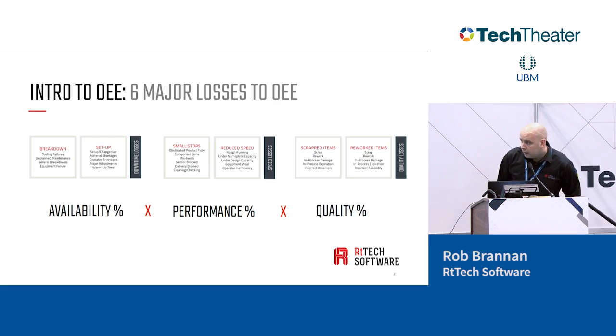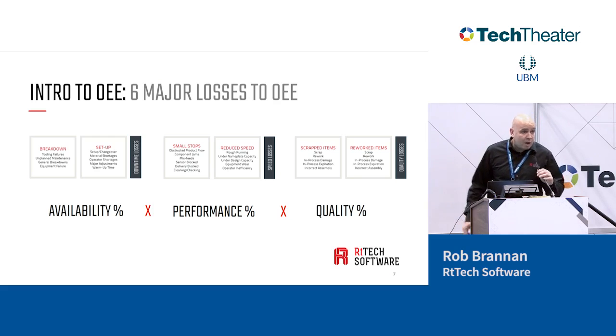Also, an area that is quite an interesting one is the setup side of things. So things like changeover times, material shortages, operator shortages. In my experience over the years of deploying OEE applications, the setup side of things and the actual process elements sometimes outweigh the actual mechanical aspects of the machinery breaking down.